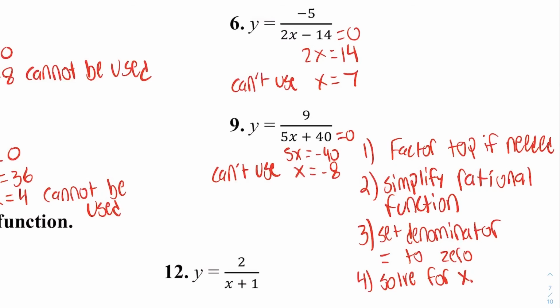So if you can cancel things out, you should do that first. Then you set the denominator equal to 0, and then you solve for x.